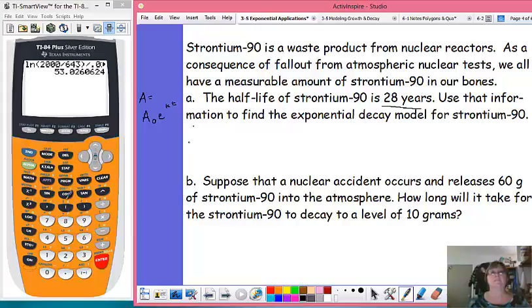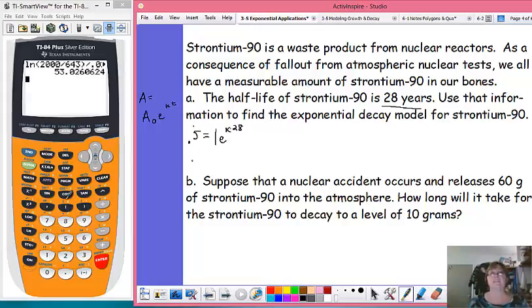Let's substitute 0.5 for the amount in the atmosphere if we started with 100% of it, or 1, times e raised to the k, which is what we're looking for here, but we know the half-life is 28 years. So there's an equation that will let us find the value of k for this particular half-life problem.